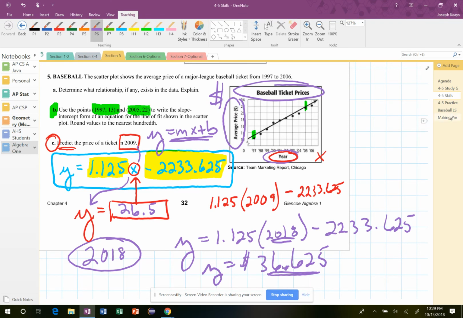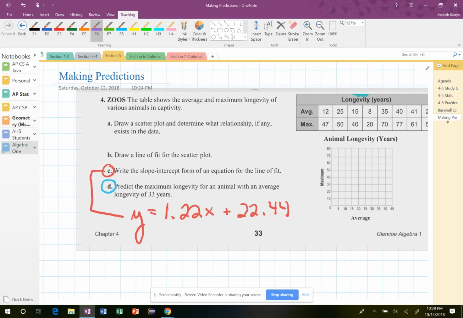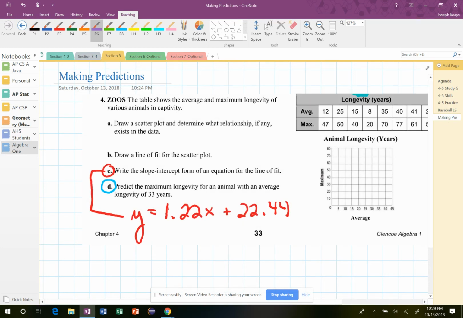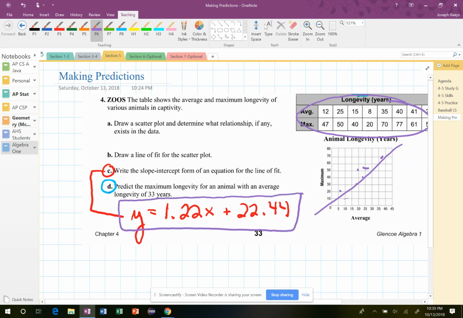Let's take a look at one more example in here. Okay, so in this example, I've already provided the line of best fit here at the bottom. So all these points can be plotted. We did that earlier. We can find a line of best fit, and that's this right here. And in part D here, that is what we're trying to focus on.